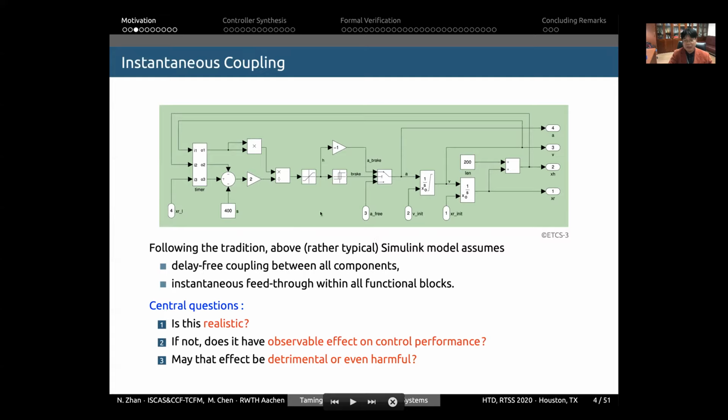The central questions are here. Is this realistic? So the second question, if not, does it have observable effect on control performance? So further question is, may that effect be detrimental or even harmful?